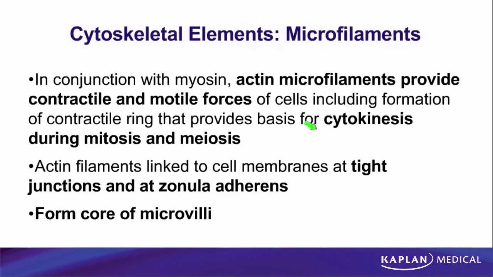We're going to find microfilaments present in particular junctional complexes. We'll talk more about that when we look at those junctional complexes in a little while. There'll be different junctional complexes that will have microfilaments associated with them. And there are going to be microfilaments associated with certain surface modifications to some epithelial cells called microvilli. What will form the core of a microvillus is, again, microfilaments. So microvilli will contain microfilaments.